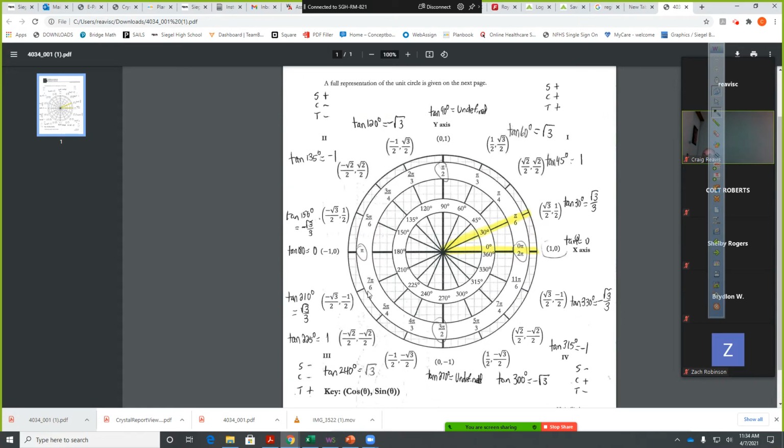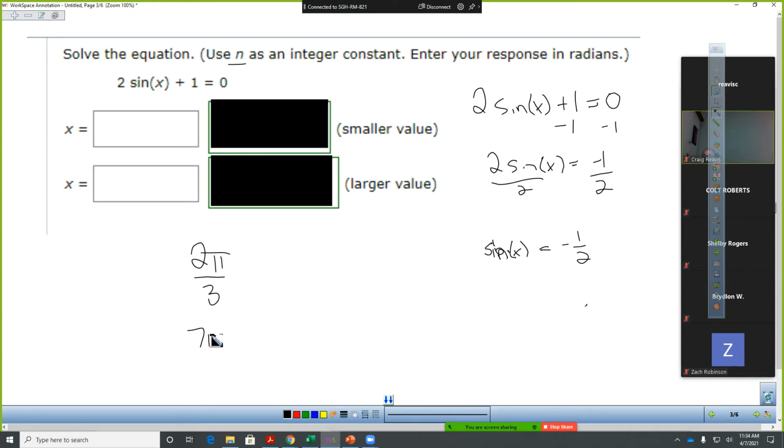That's the sine. That is 7 pi over 6. So 7 pi over 6. So these are the two angles within the 360 degrees that give me -1/2. Sine of these two angles equals -1/2. And then I have to add 2n pi because every time I go all the way around, it's back to that same angle.